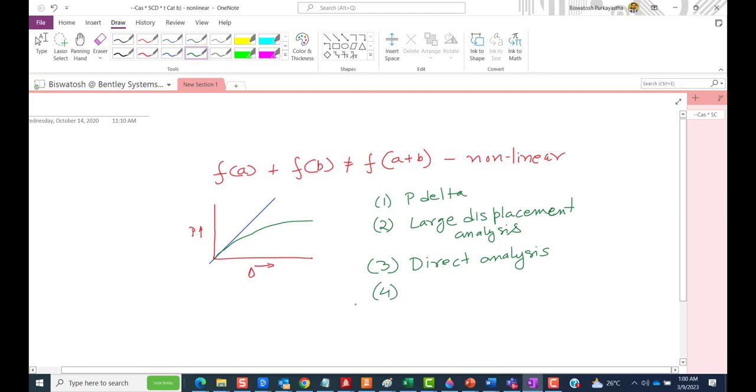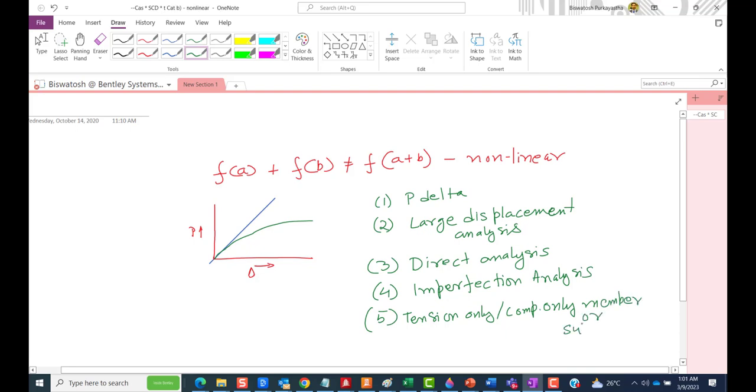Fourth is also similar to P-delta, which we call imperfection analysis, where we have some initial imperfection. And then we have a very common situation like tension-only or compression-only members or support systems. These are a few of the common situations where you may call the structure non-linear.